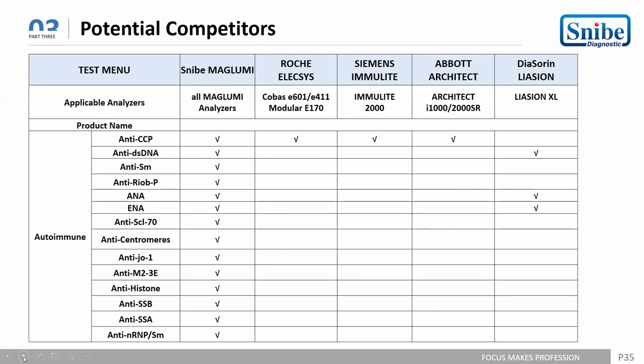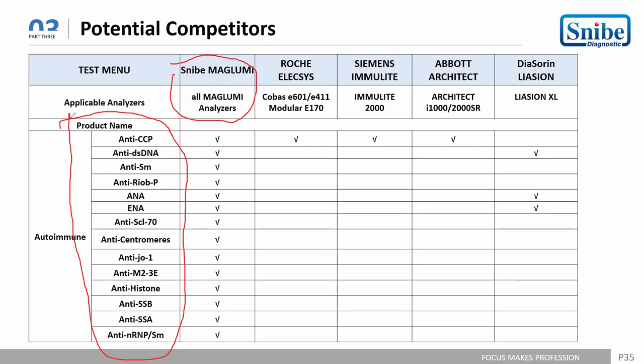So as a leading immunoassay player with a broad portfolio, we are offering a very comprehensive menu. You can see here that we have a very comprehensive menu for autoimmune disease markers in terms of ANA profile and ENA profile.